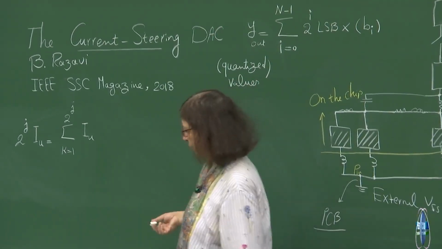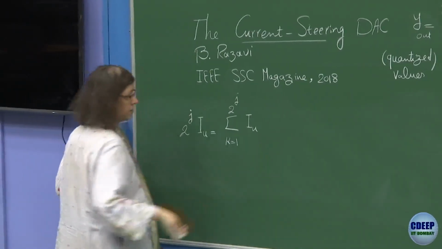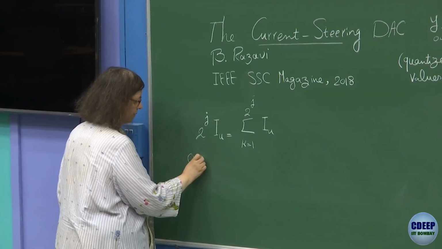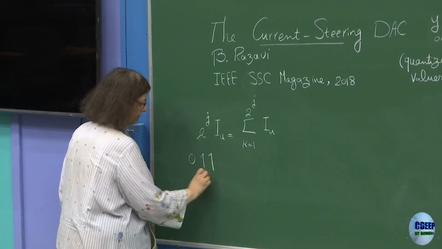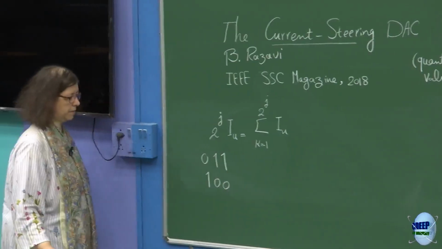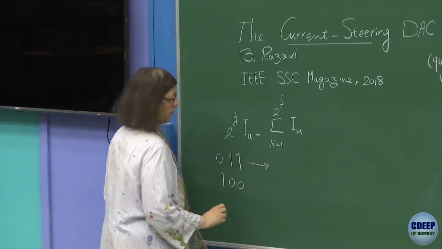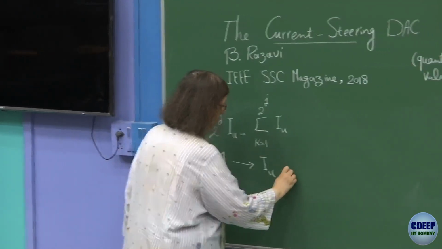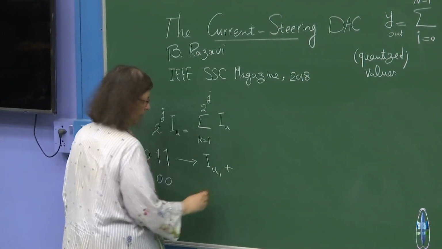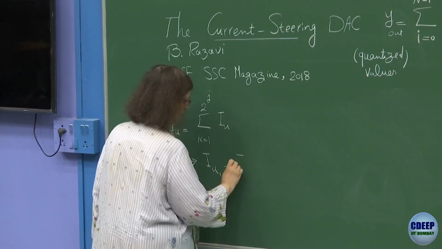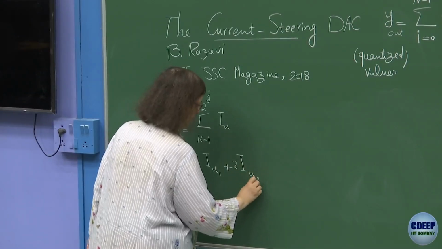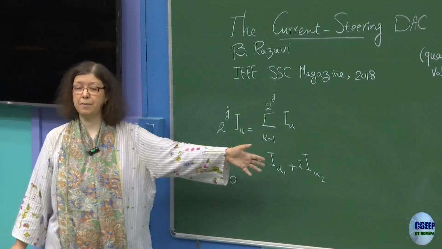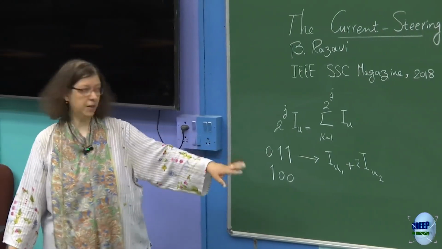What is the problem? Problem that we had in SAR ADC that we have here also in binary weighting is that, suppose, let's go with 3 bits. If I have, say, 0, 1, 1 and 1, 0, 0, do you remember this was one of the problems? Because here you have eventually summation of, say, IU1, then you have, say, 2 times of IU2. Assuming even IU2 and IU1, IU2, IU2 are same. There is a mismatch between them as well. But for now, just for simplicity, right?